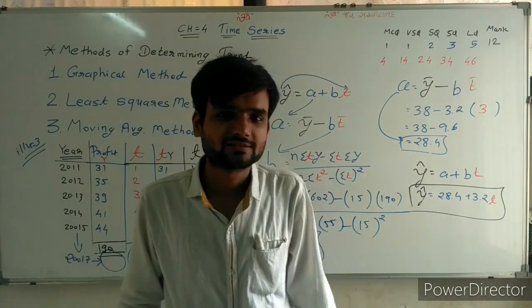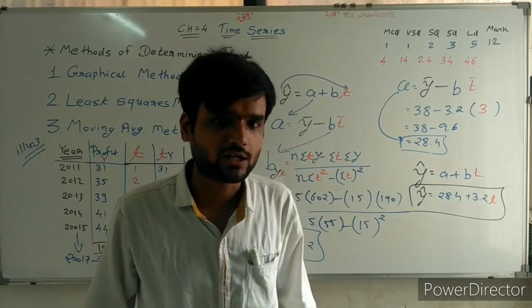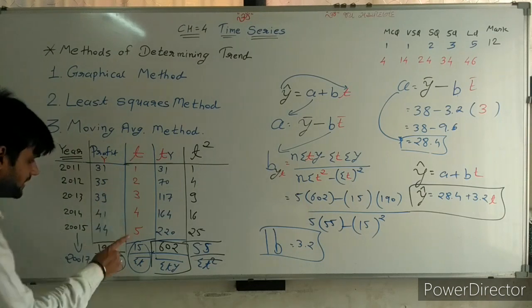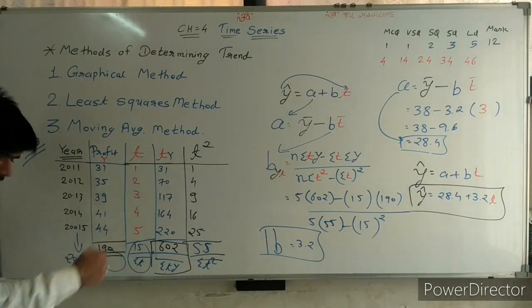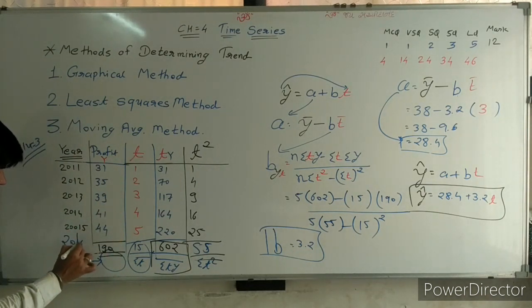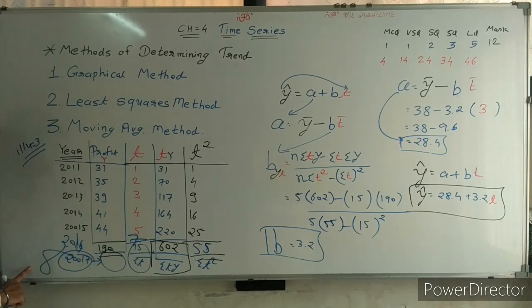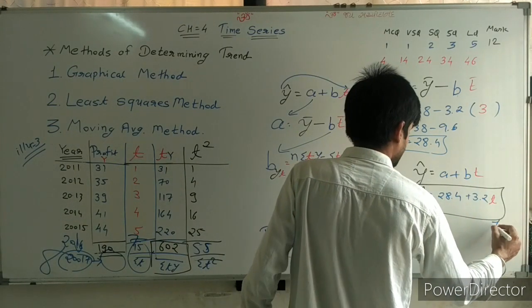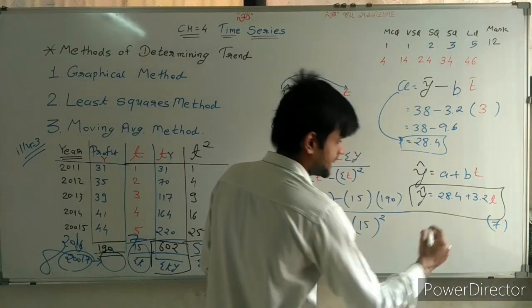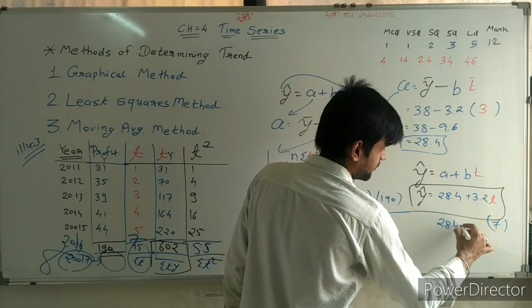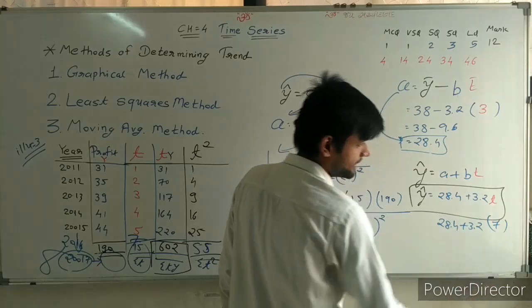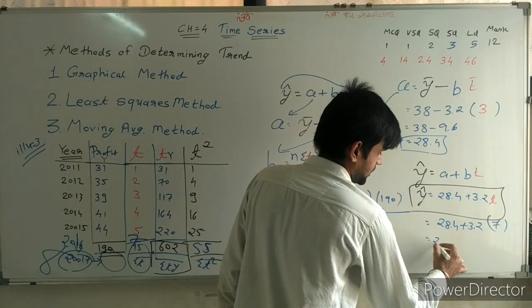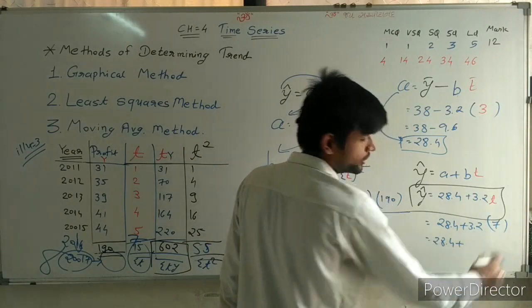Now the important thing. Instead of T, what do we have to write here? For 2015, T is 5. For 2016, T is 7. For 2017, T is 8. For 2017, I need to find the value. So instead of T, write 7. 28.4 plus 3.2 into 7.